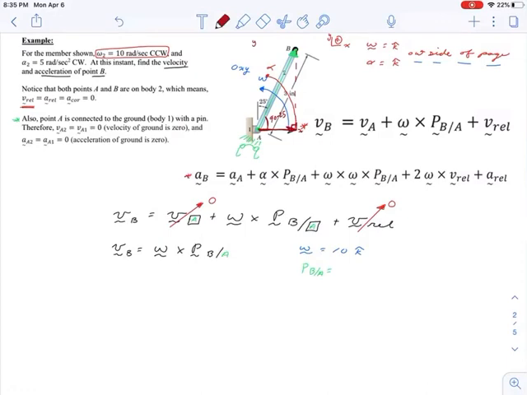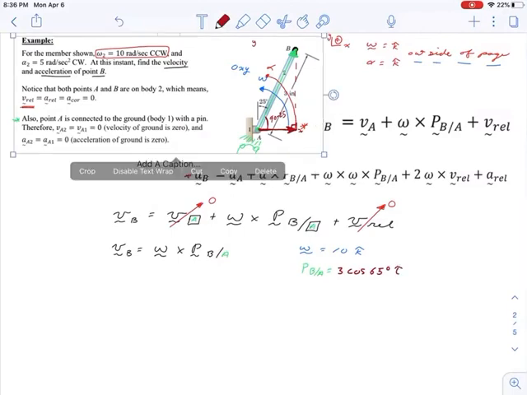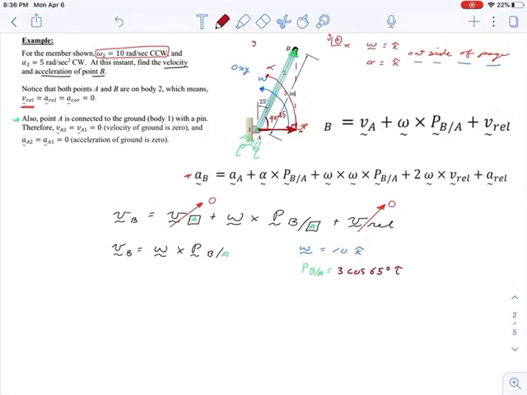So in the X direction, this X vector would be R cosine theta, which is 3 inches times cosine of 90 minus 25. So 90 minus 25 is 65, in the I direction. And that's going to be positive. And let's see what it's doing in the Y direction.